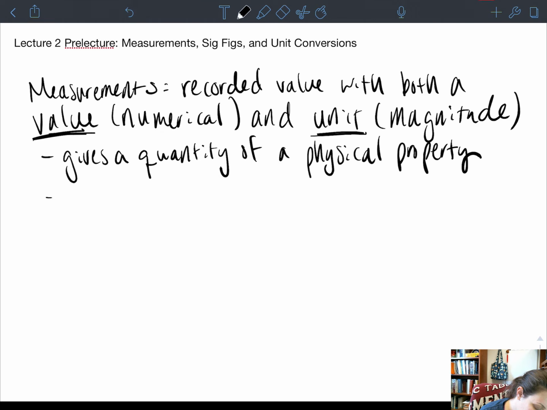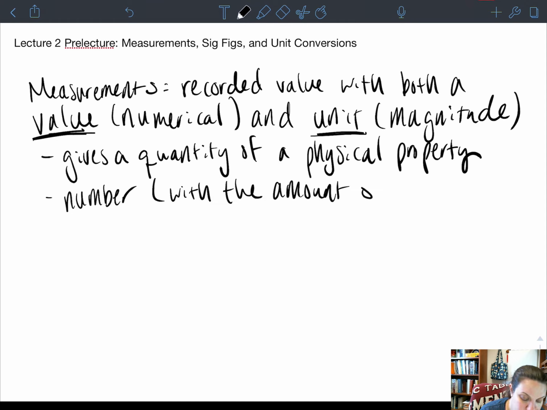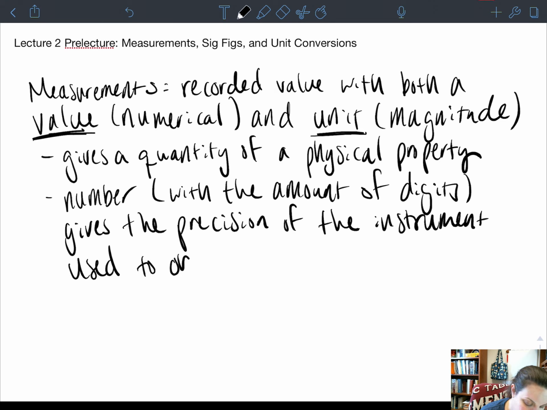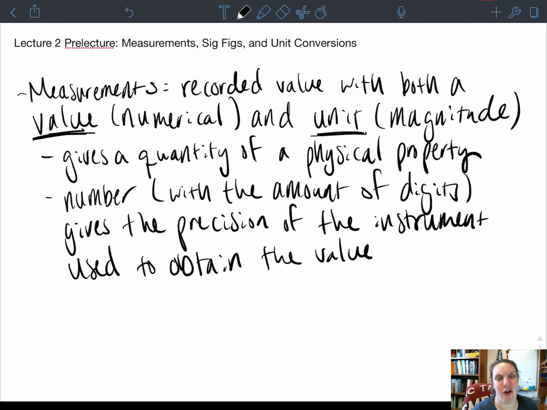So the number with the amount of digits gives the precision of the instrument used to obtain the value. So we'll talk a little bit more about that when we talk about significant figures. And all of this we're going to talk about more in detail in class or in a further video lecture.